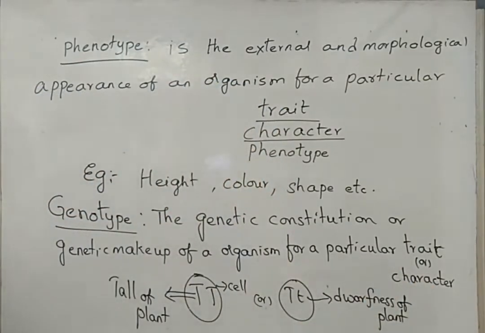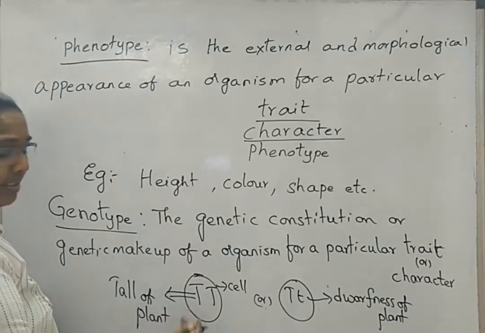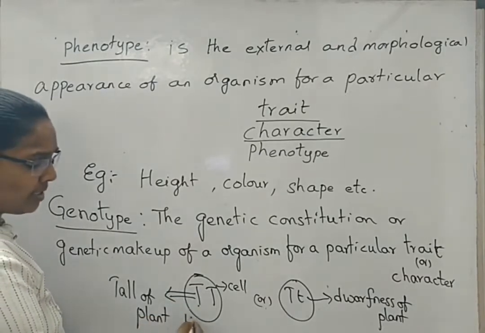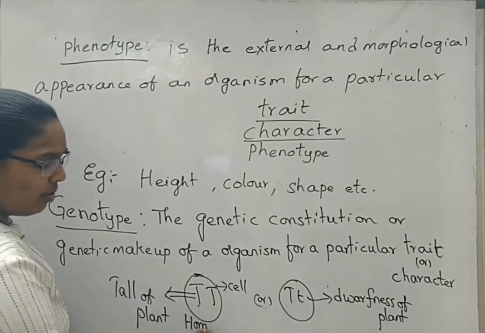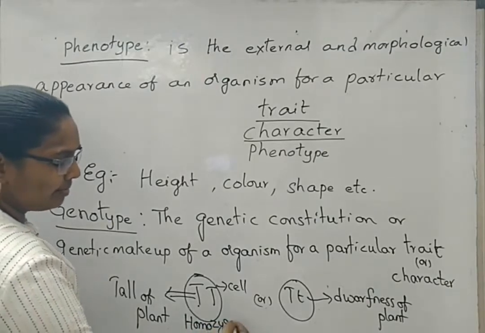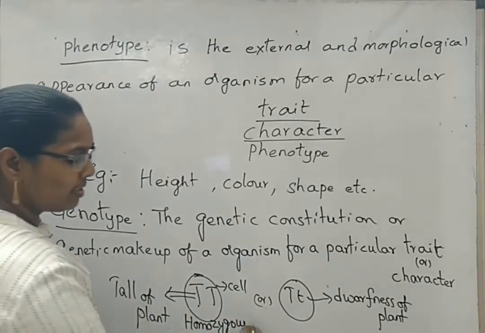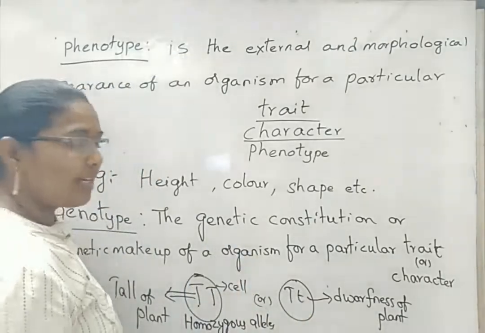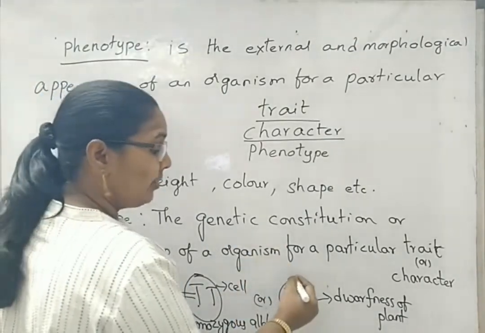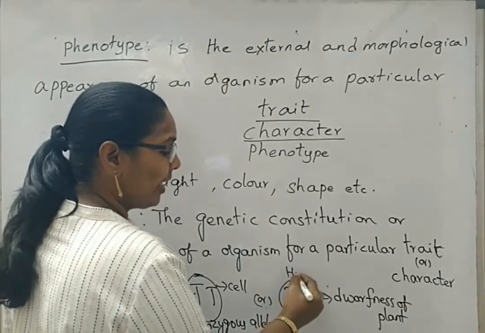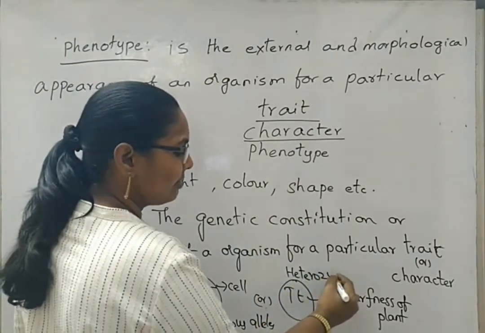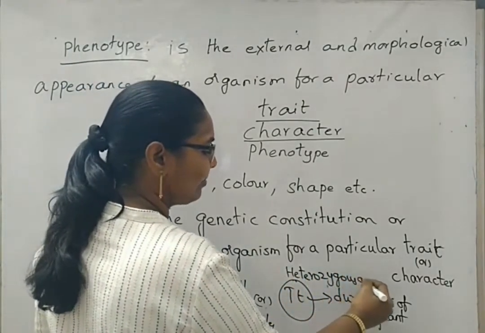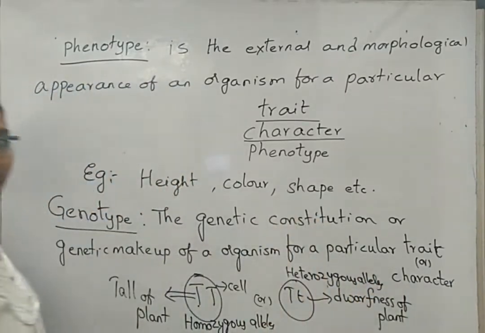So these are the two different terms, phenotype and genotype. If in a cell the alleles are the same, then we say this cell has homozygous alleles. If the two alleles are of different types, then we say these are heterozygous alleles.